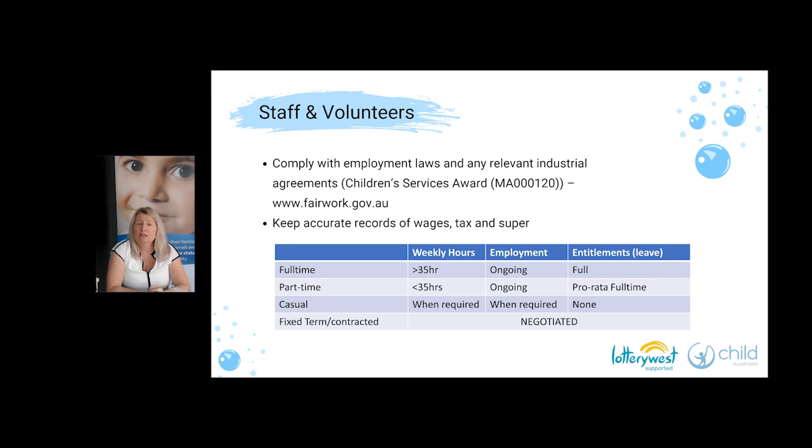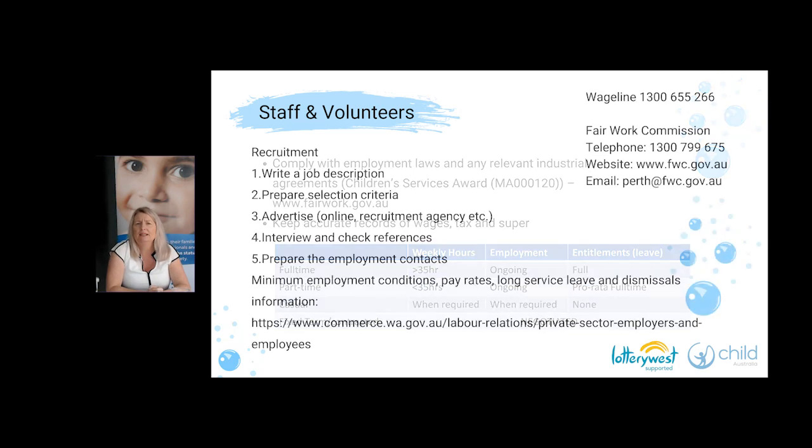It is essential to keep detailed records relating to all employees' employment conditions, including payment of wages, leave, tax records, and superannuation records. Volunteers play a valuable role in contributing to an education and care service, and although they're unpaid, they should be guided in the same way as permanent paid staff.